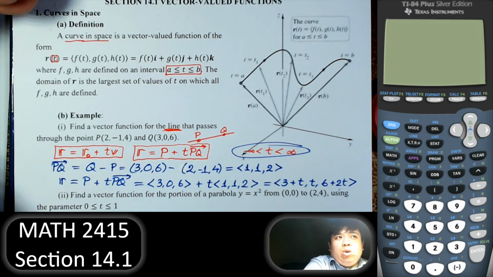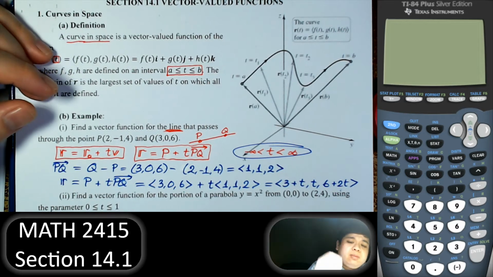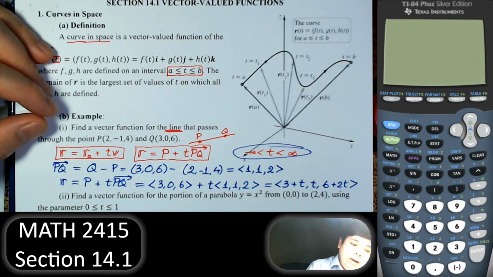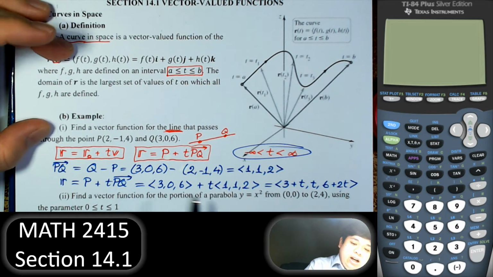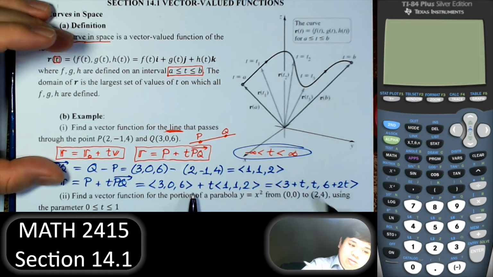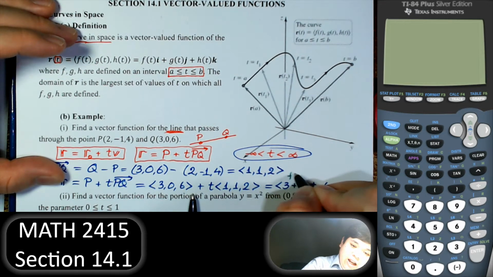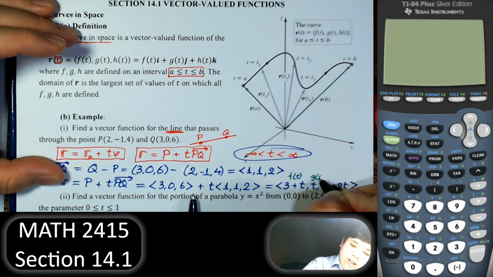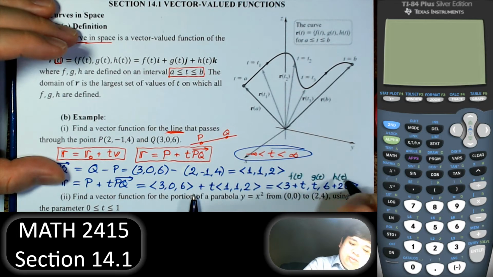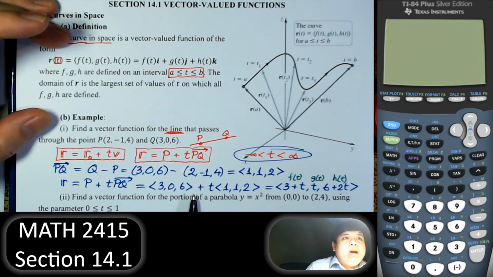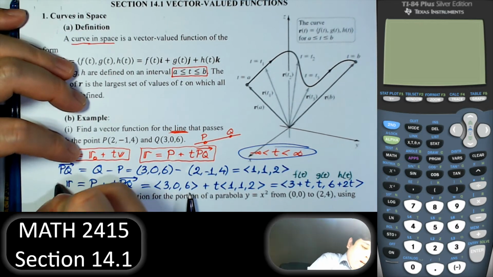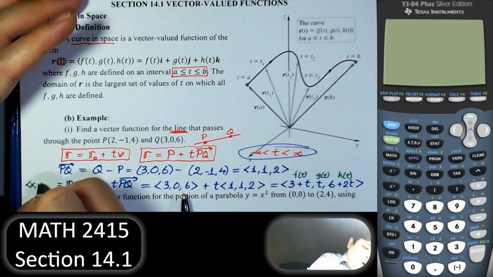So like I said, nothing new here for the equation of a line. Or we can say this is f of t, g of t, and h of t. No big deal. And we can write that as x, y, and z.